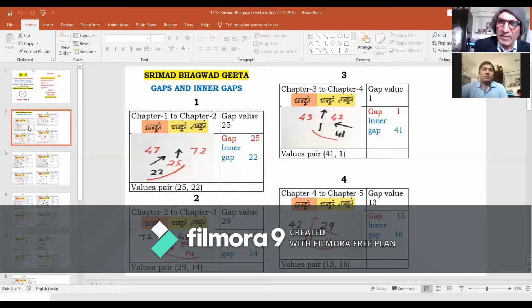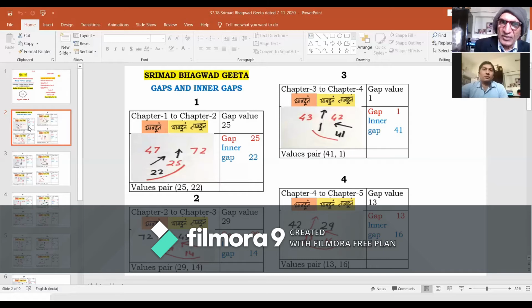Chapter 1 is of the range of 47 shlokas. Chapter 2 is of the range of 72 shlokas. Difference value of 72 and 47 is 25. And this value 25 is further differenced from value 47, it gives us 22.